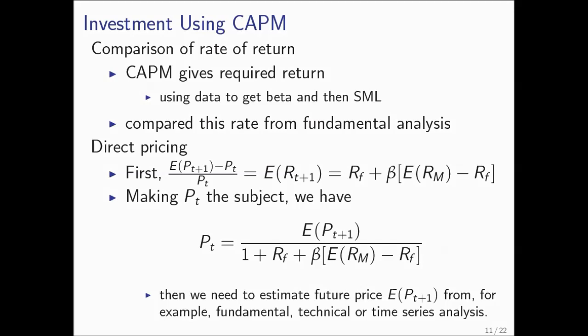So we still need to re-estimate this, but we can use fundamental and technical analysis to know the future stock price, and then by discounting it, we have today's price. Of course, you can imagine this price is some target price, from DDM, for example.